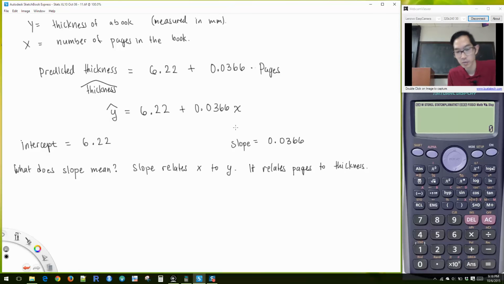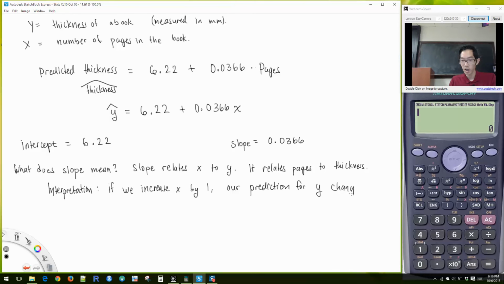Okay? And what we're saying is that when we increase x by 1, here's the interpretation: if we increase x by 1, our prediction for y changes by the amount of the slope. Okay?